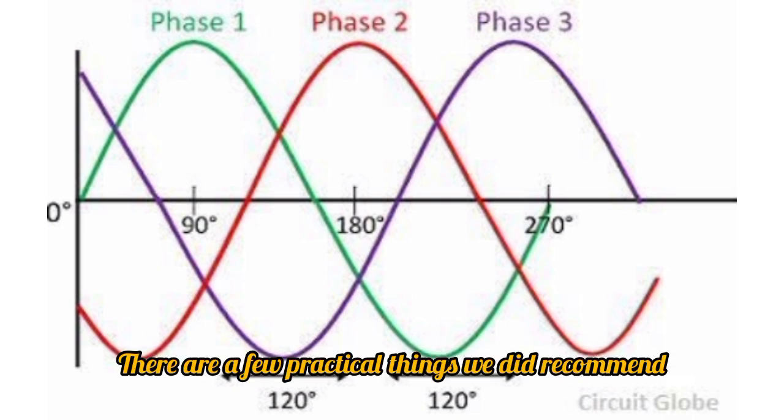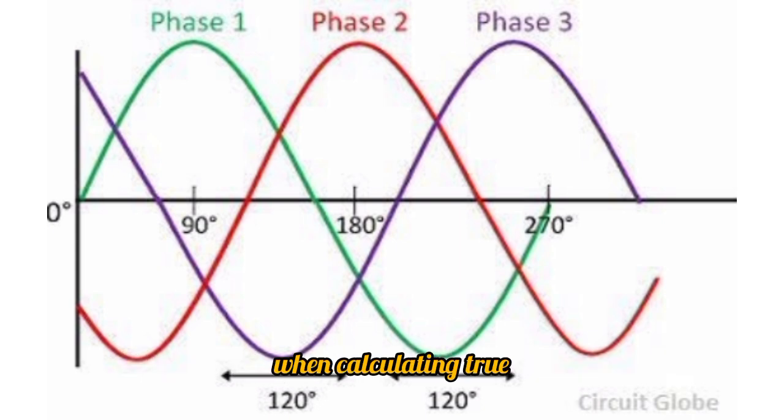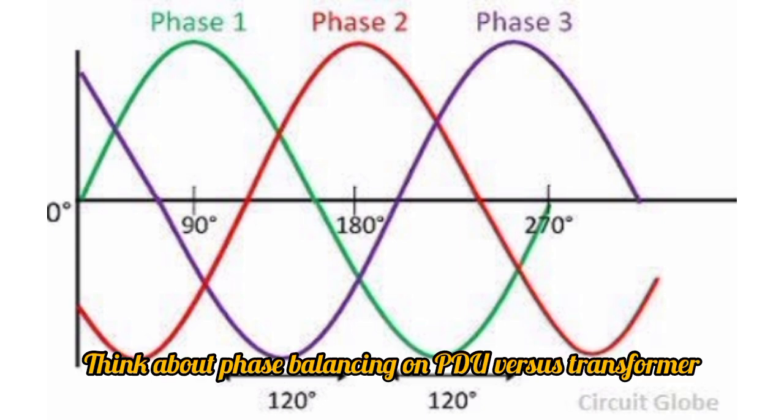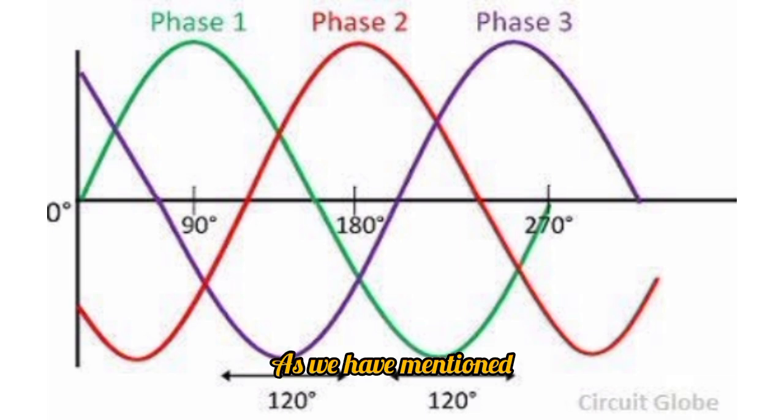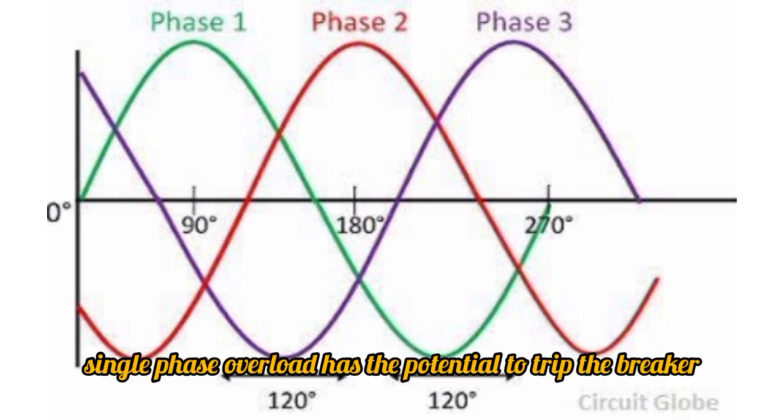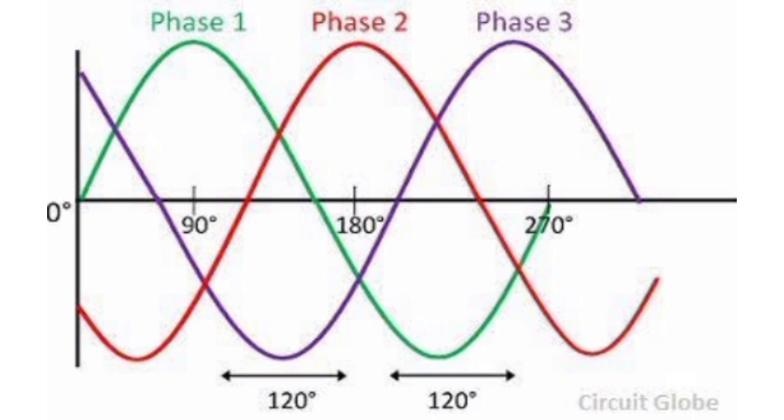There are a few practical things we do recommend you look out for when calculating too. Think about phase balancing on PDU versus transformer and consider receptacle phase distribution. As we have mentioned, single-phase overload has the potential to trip the breaker, which is something to be aware of.